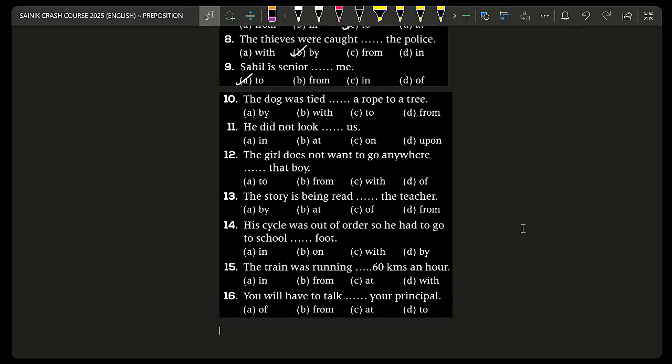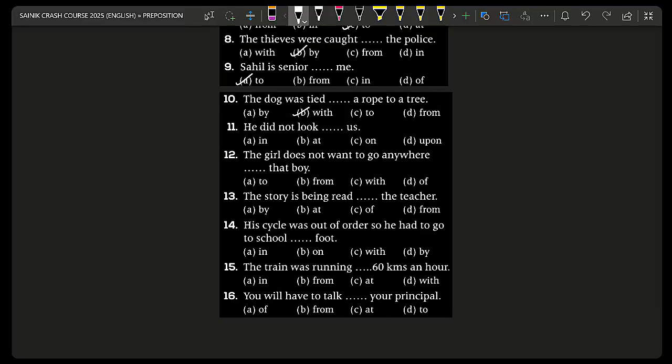By a rope to a tree, with a rope to a tree, to a rope to a tree, from a rope to a tree. The dog was tied with a rope to the tree. Yes, with is used for using tools. This rope is used as a tool to tie the dog to the tree, right? Yes, sir. Correct answer.